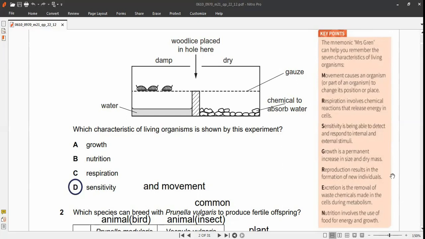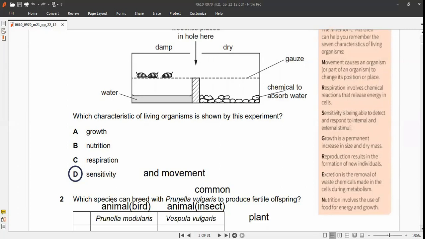Sensitivity is being able to detect and respond to internal and external stimuli. Growth, permanent increase in size and dry mass. Reproduction results in the formation of new individuals. Excretion is the removal of waste chemicals made in cells during metabolism. Nutrition involves the use of food for energy and growth.